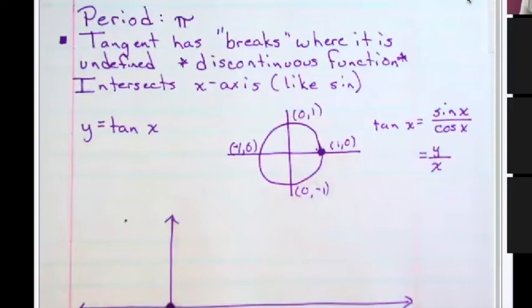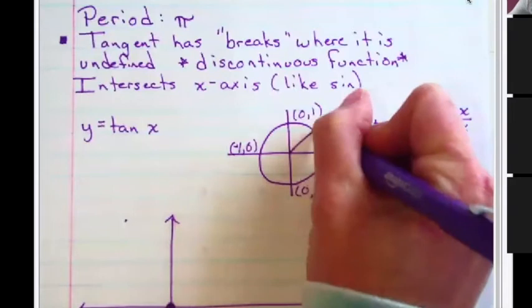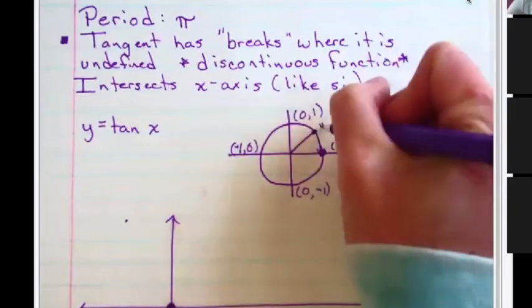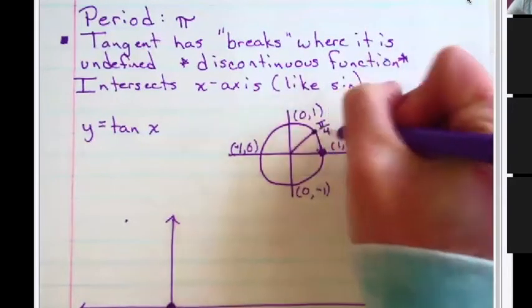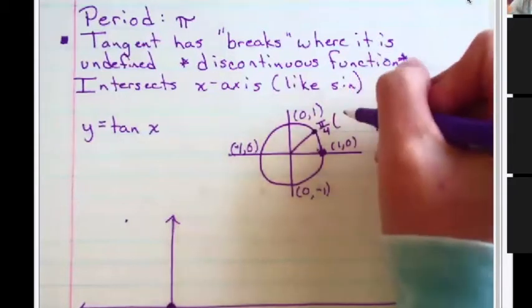Now we can find all of the values in between, but one that I want to make sure that we add in here is the 45-degree angle. So this is pi over 4, 45 degrees. Now remember the ordered pair here, 45, 45, 90, remember root 2 over 2.